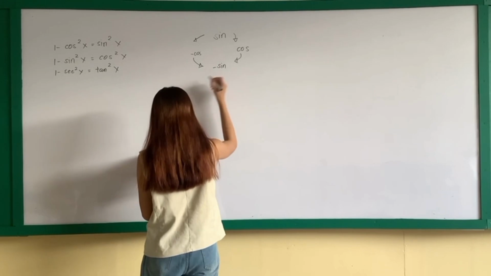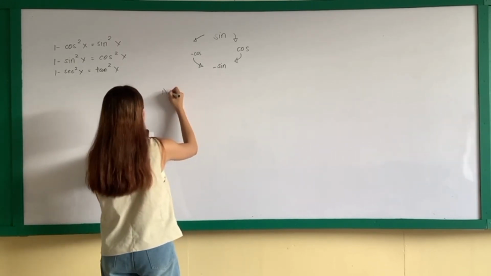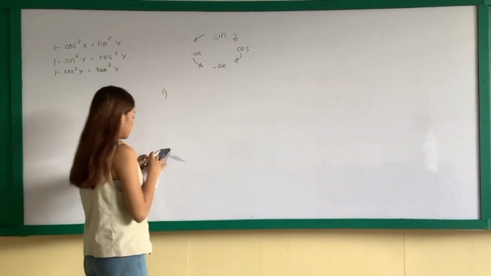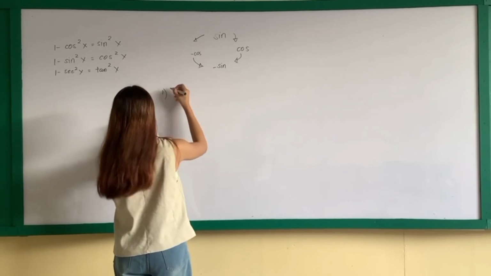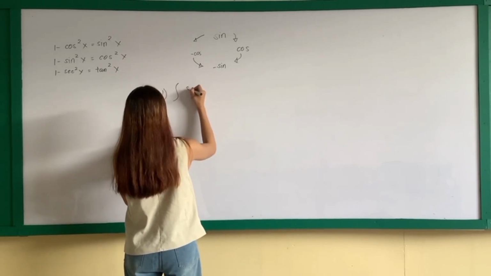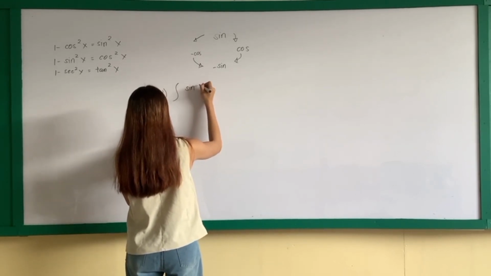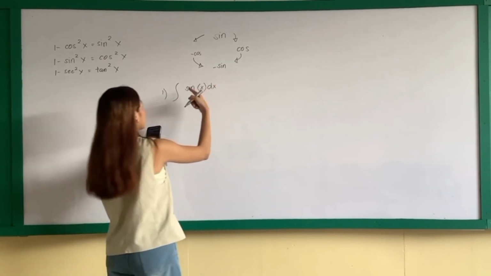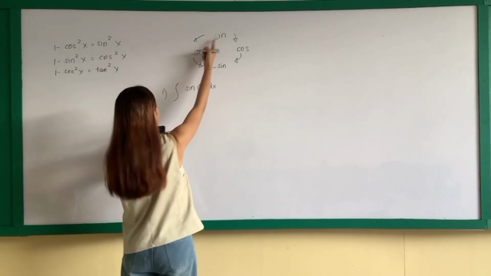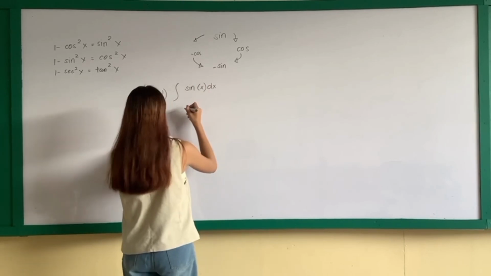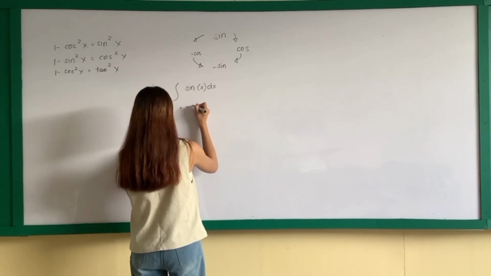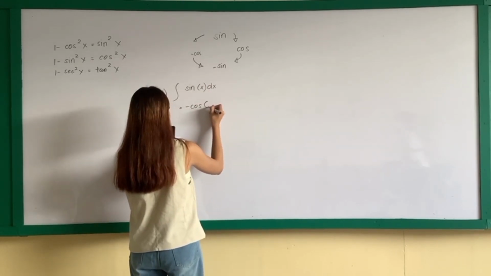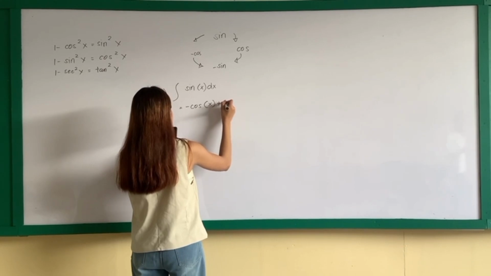Let's try our first example. The integral of sine x dx. If we use the counterclockwise, we have the negative cosine. So our answer here is negative cosine x plus c.